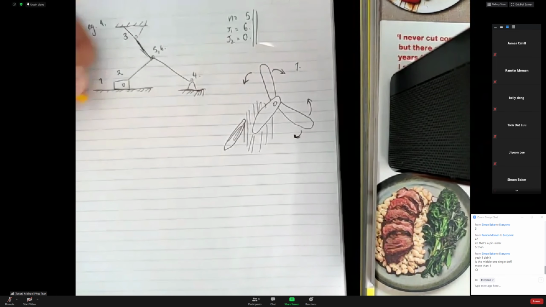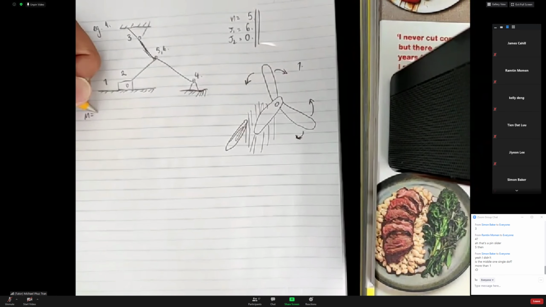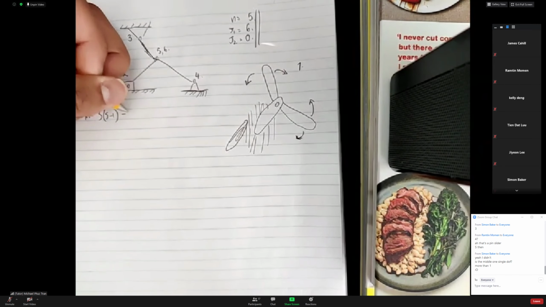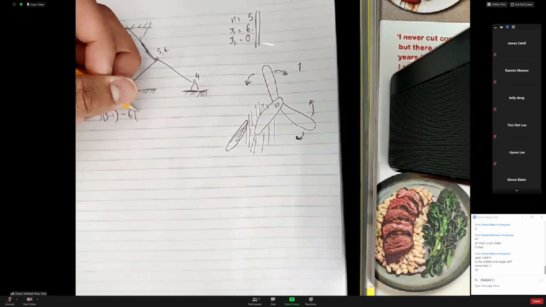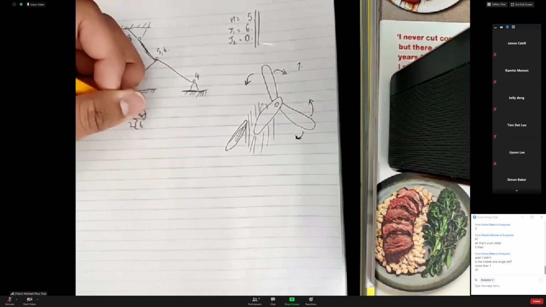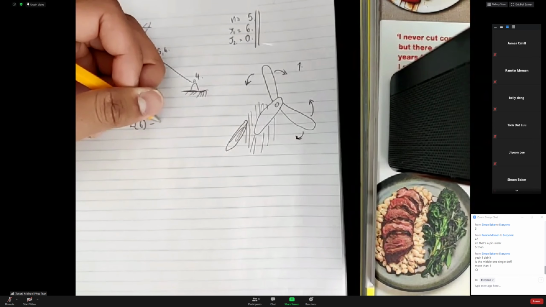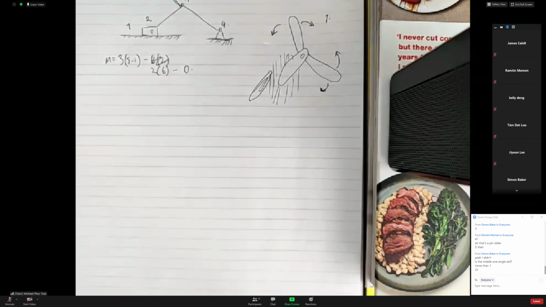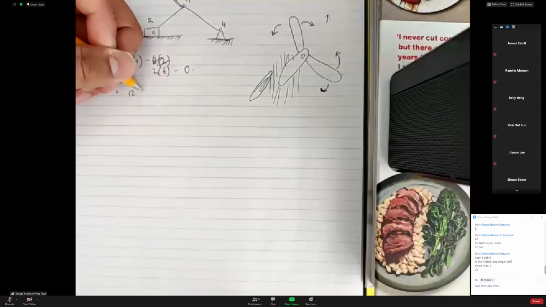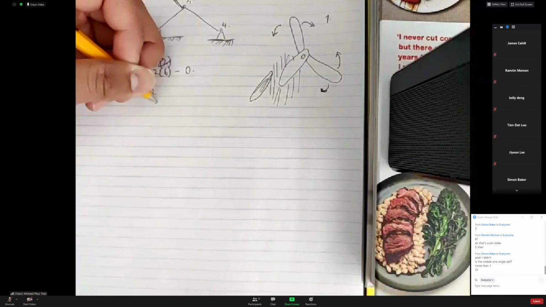M = 3 times (5 minus 1) minus 6 times 2, I think. Or should be 2 times 6 minus 0. 12 minus 12 equals 0.